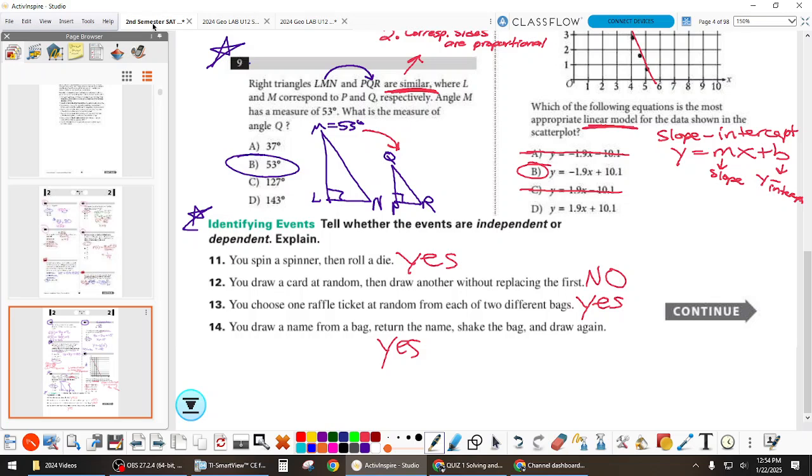Put the name back in. Now I'm starting over, right? So does drawing the first name affect drawing the second name if I stick the name back in? No. Is that kind of helping? Those are all independent. This one, you draw a card and don't put it back. Well, now there's less to pick from, right?